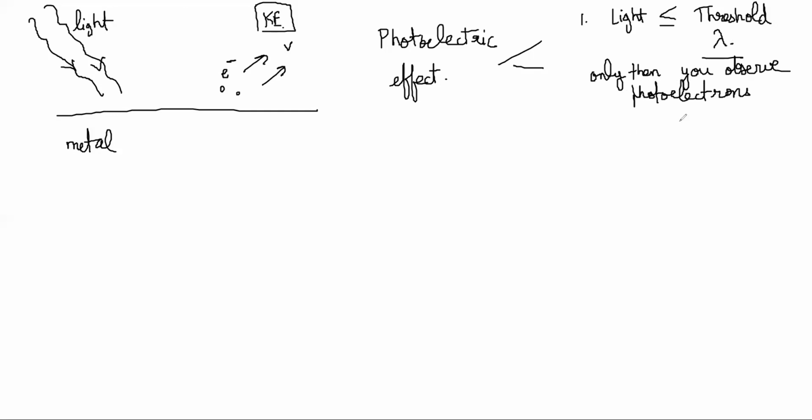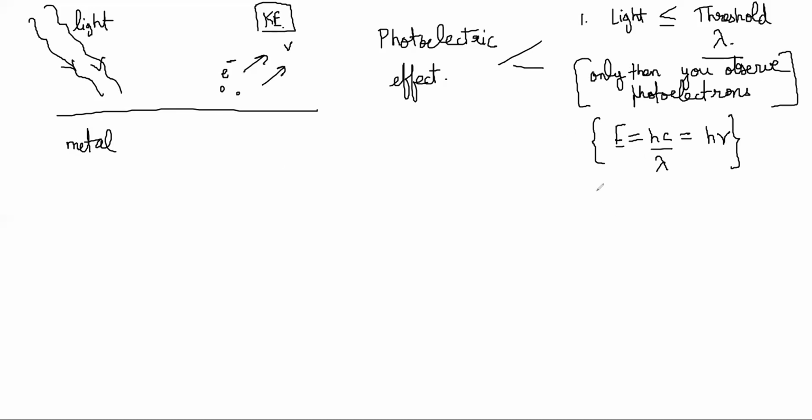One thing you should know is that light energy is hc by lambda, which is equal to h nu, which is h into the frequency. This is the formula for the energy of light. If you have light of lower than a threshold wavelength, that means higher than a certain amount of energy, only then do you observe photoelectrons. Otherwise, no electrons are emitted from the metal.